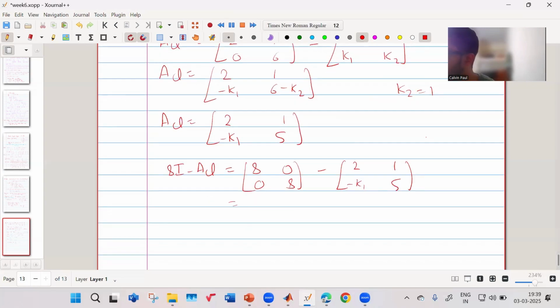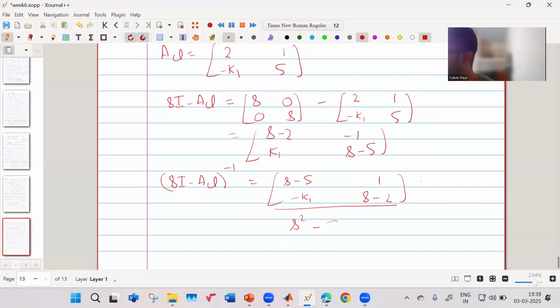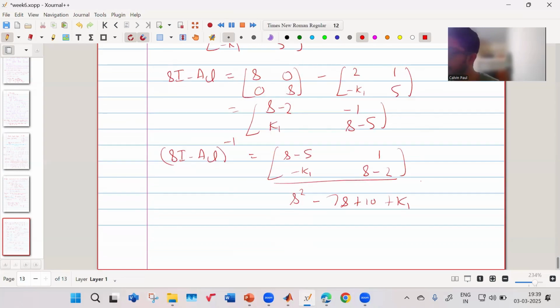So that is equal to S minus 2, minus 1, K1, S minus 5. So sI minus A closed loop inverse will be equal to S minus 5, S minus 2, 1, minus K1 upon S square minus 7S plus 10 plus K1. Okay, so this is our matrix sI minus A closed loop.